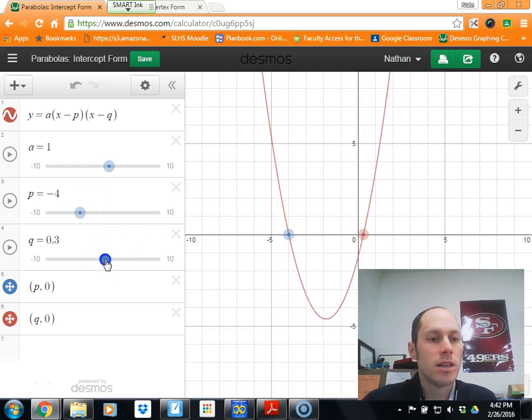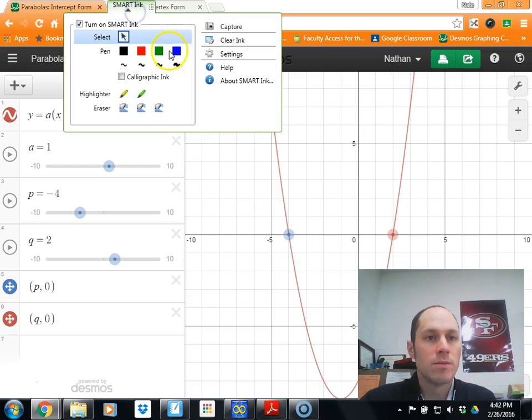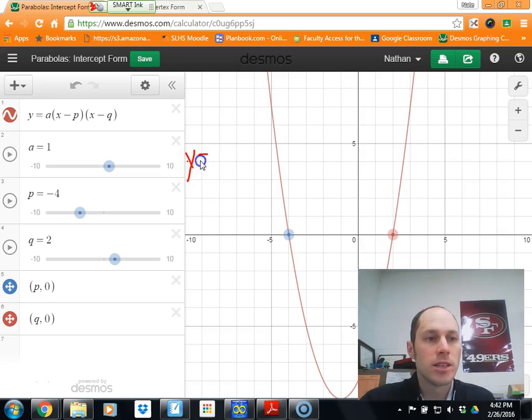So if it's like this, in this case, this would be the function y equals a, so that's 1, and it's just x minus p, so x plus 4, and x minus 2. Notice if I were to solve these, what's when y equals 0?